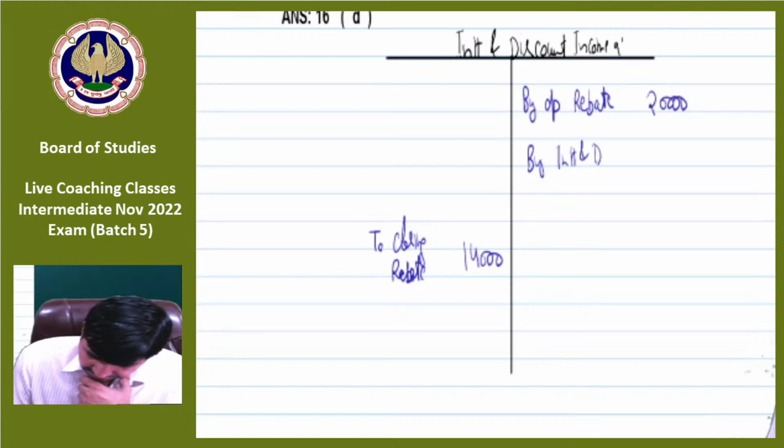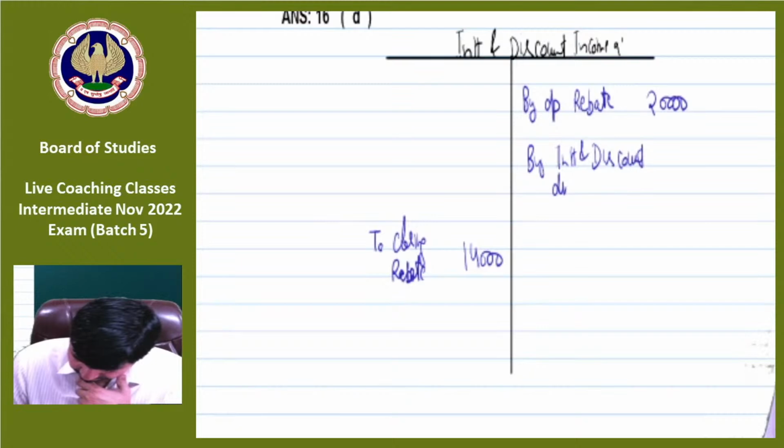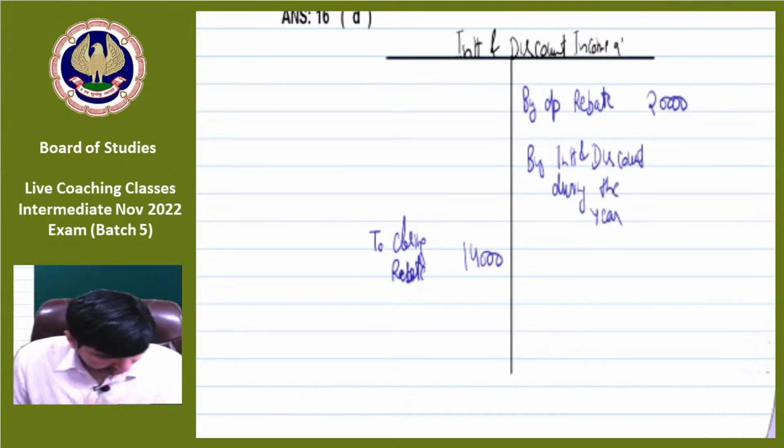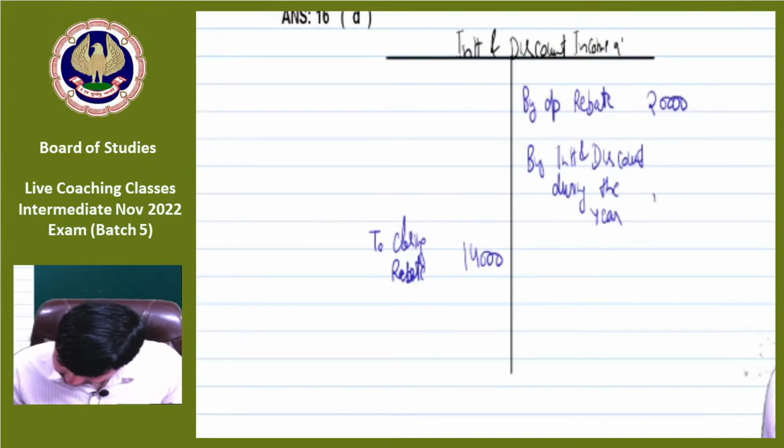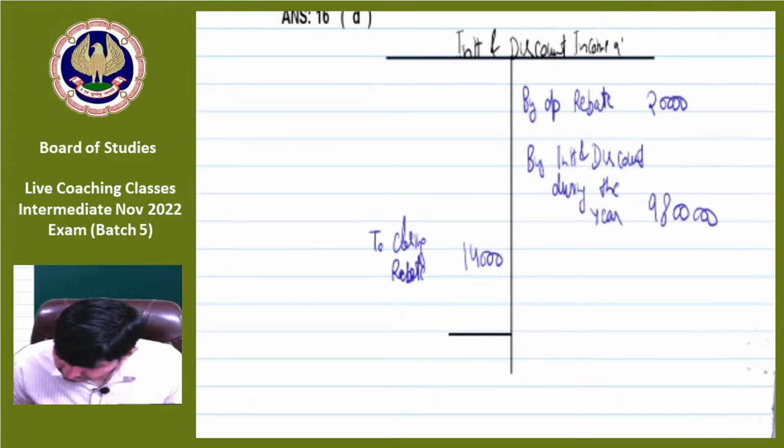Interest and discount earned during the year. How much is that? That is 98 lakh. So how much is the amount which you should transfer to P&L?